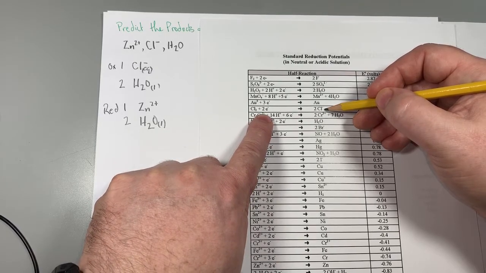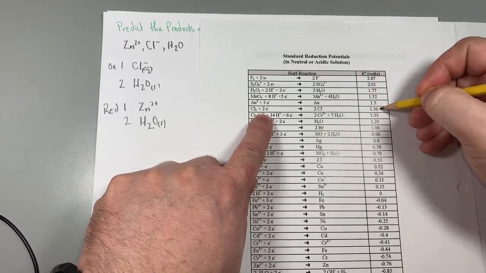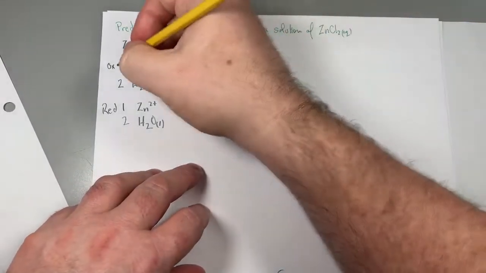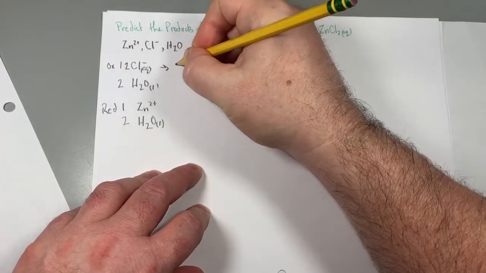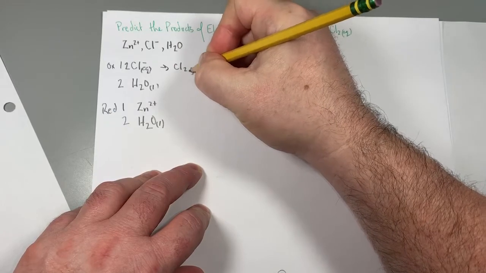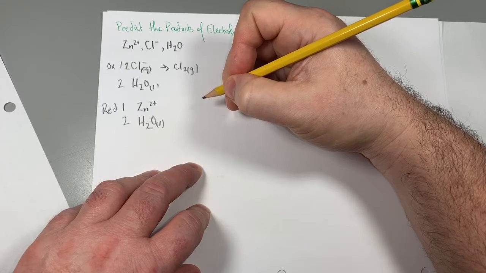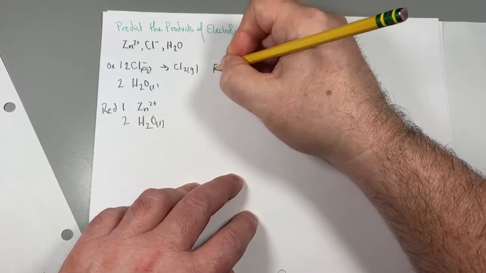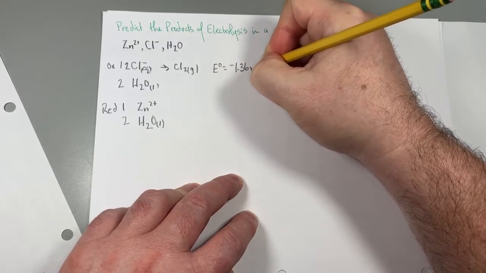If I write the reverse of this reaction, I will have the oxidation of chloride ion to produce chlorine, by reversing this and reversing the sign of E0. So I need 2Cl- produces Cl2, and reversing the sign on the reduction potential, which is 1.36, I write E0 is equal to negative 1.36.